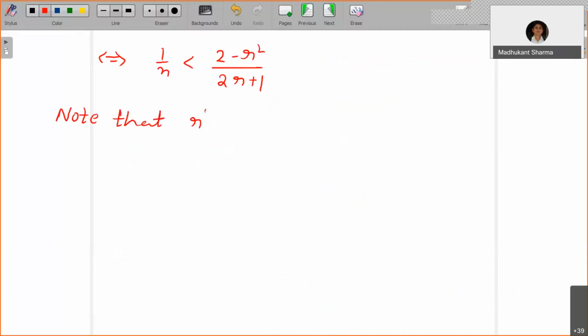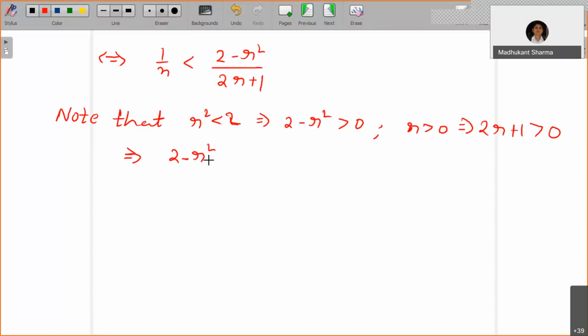Now note that r square is strictly less than 2. This implies 2 minus r square is greater than 0. Also, r is greater than 0. This implies 2r plus 1 is greater than 0. So these two together imply that 2 minus r square divided by 2r plus 1 is strictly greater than 0.